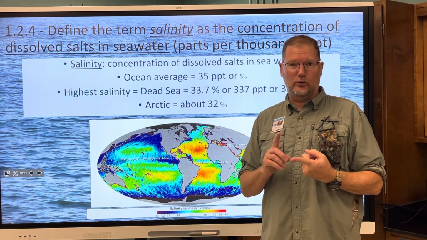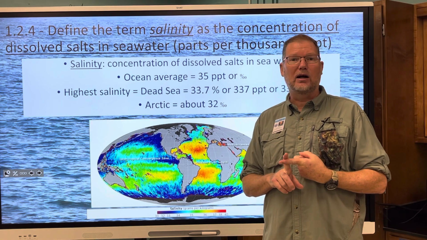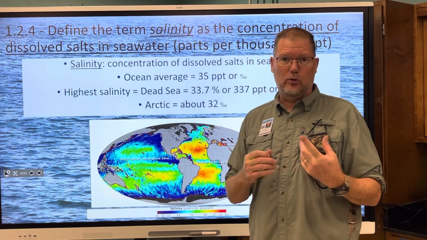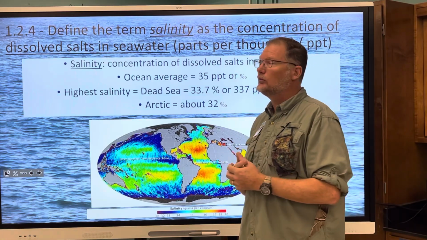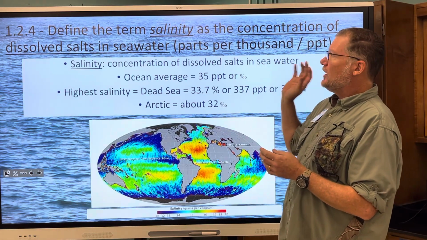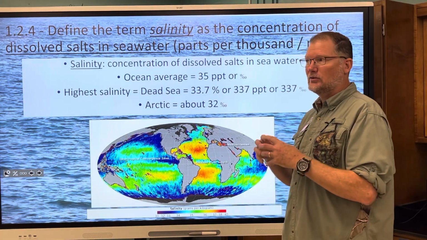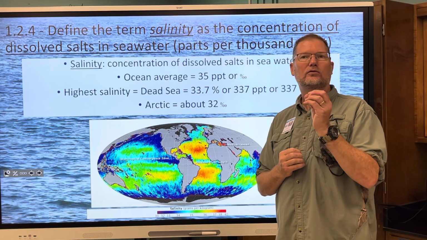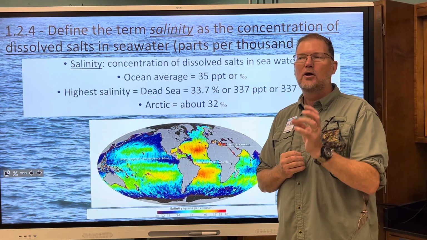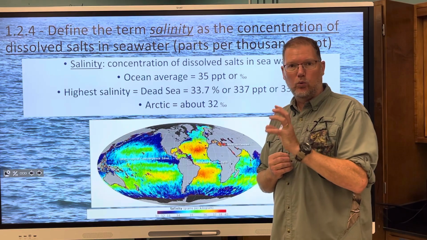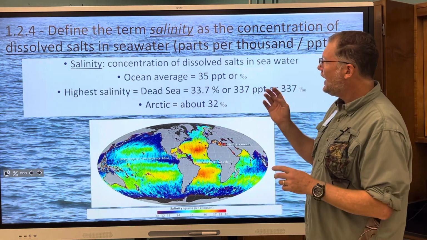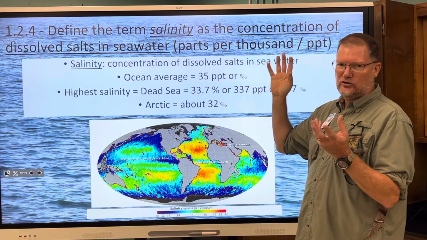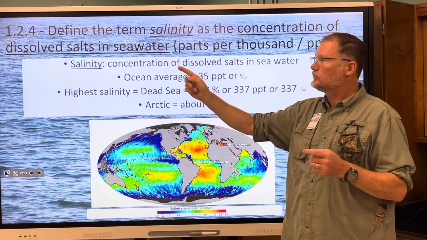Salt was at one time traded as money, as currency, because of its importance in human life. So that's where the term salinity comes from: how much salt or other dissolved salts and solids are in water. It is defined as the concentration of dissolved salts.